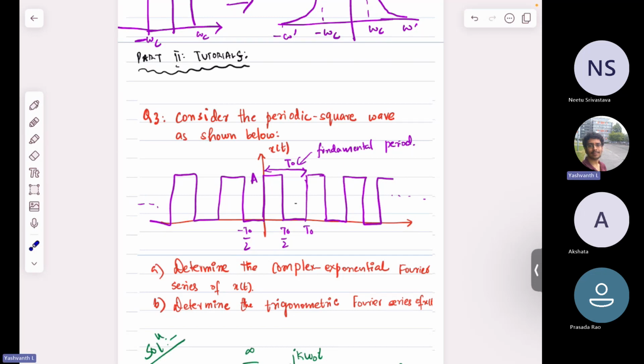This is an odd signal. For an odd signal, recall your property that your ak must be 0 and bk should be non-zero. Why? Because if cos terms are there, they will not let your signal be odd. Only sine terms can make your signal odd.